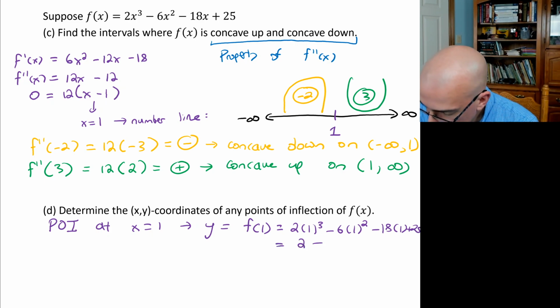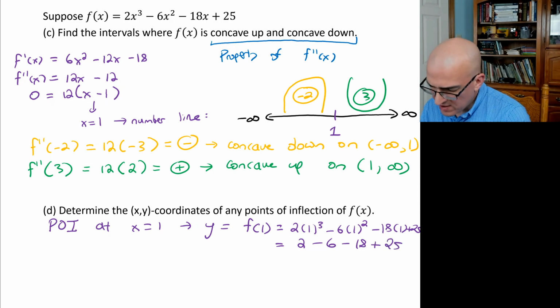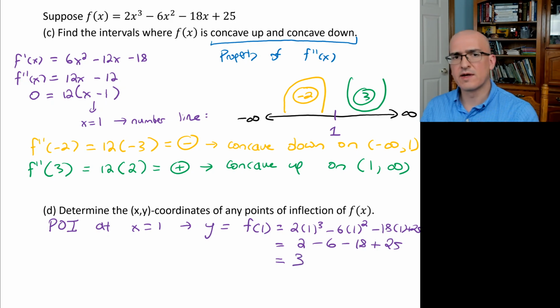So 2 minus 6 minus 18 plus 25. So let's see, is that -1? 2 minus 6, negative, what am I doing? -4 minus 18, so -22. Is that +3? Again, let me know by email if there's a typo, and I'll fix it.